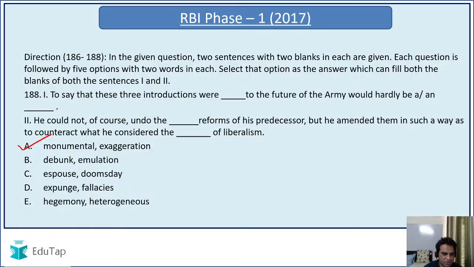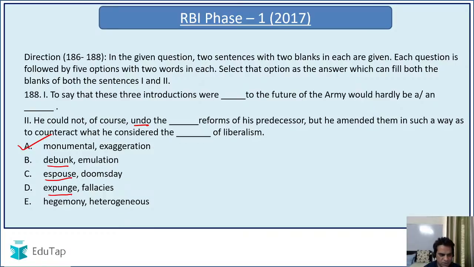Undo the debunk of reforms, espouse of reforms, expunge of reforms, these are wrong. Hegemony of reforms, but heterogeneous is wrong again. The correct option is option number A. You cannot use debunk. Undo the debunk and undo are wrong. Debunk the espouse, that's also wrong. Debunk, undo the expunge, these are grammatically wrong in option number 2, in sentence number 2.